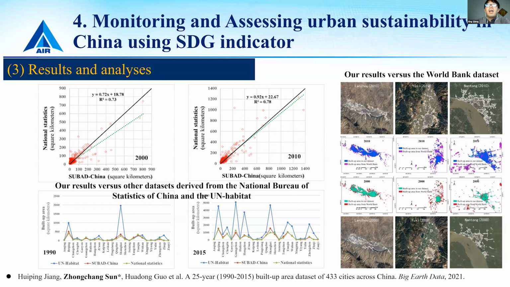But for UN Habitat data, we have some differences. We think it may result from the resolution difference of the data from UN Habitat. For the right chart, you can see similar spatial patterns also detected with the World Bank data.